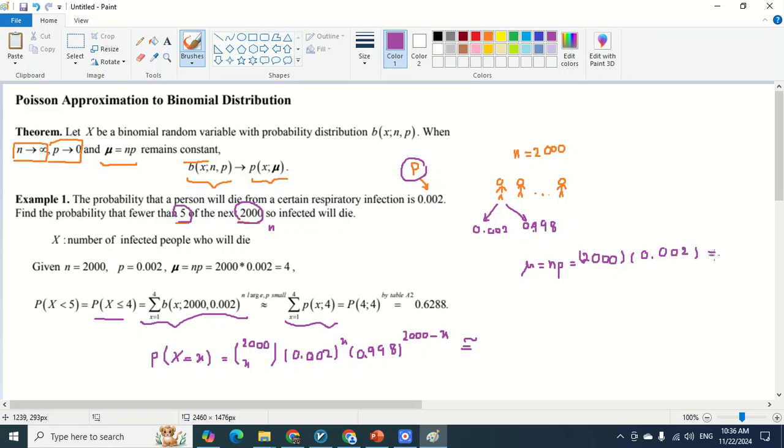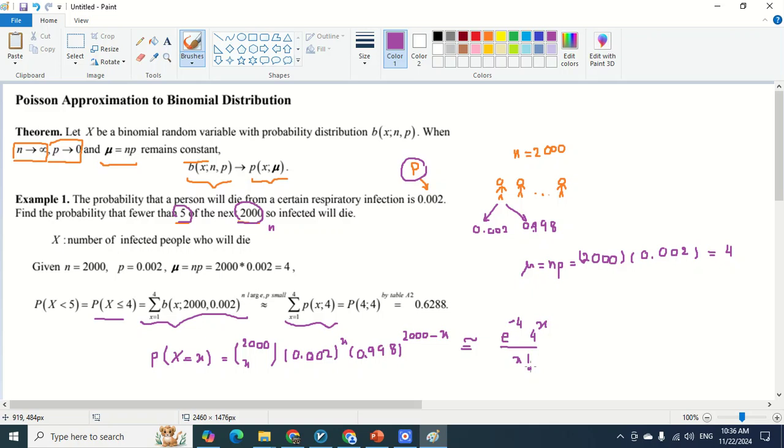So lambda t or mu is 4, and we can calculate it by e to the power of minus 4, then 4 to the power of x over x factorial. As you can see, calculating with the second formula is easier than using the first formula. For this reason, we can approximate the binomial distribution by using the Poisson distribution.